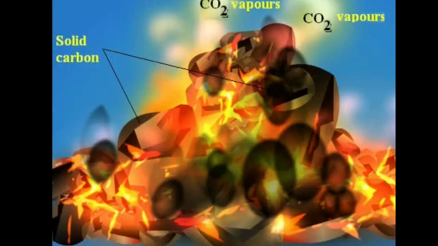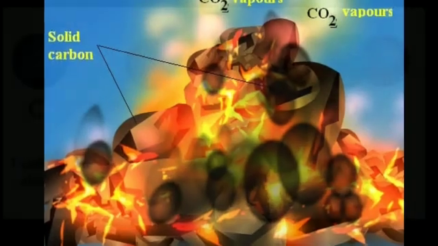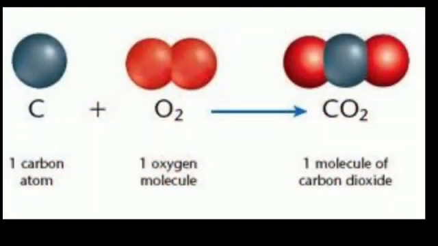When we burn coal, the atoms of carbon from coal will react with the atoms of oxygen from the air to form carbon dioxide. So can you see, coal, the black thing, is called coal. It contains atoms of solid carbon. They are all carbon. They combine with oxygen from the air to form carbon dioxide.